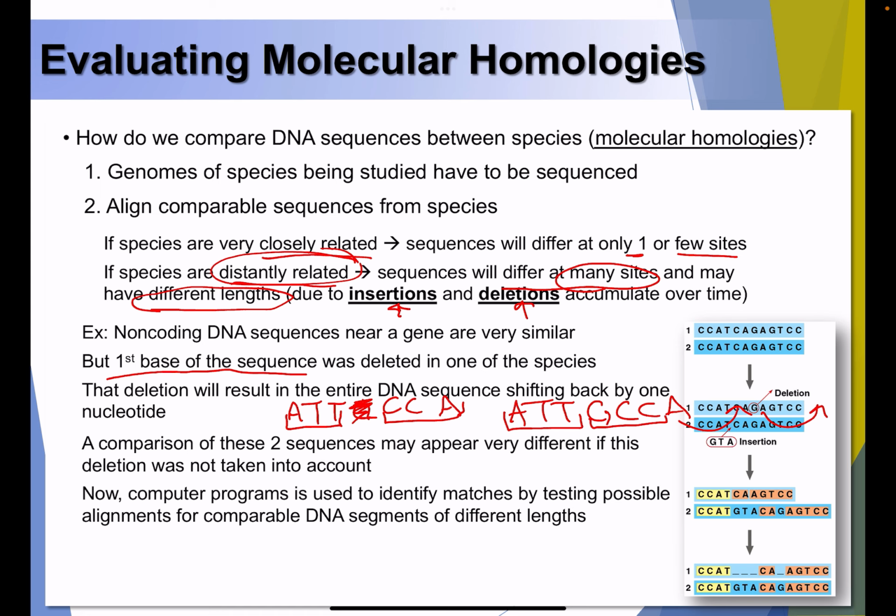Nowadays it's pretty advanced, where we have computer programs that can analyze sequences between two species, and they can look for possible insertions and deletions that can match up closely related individuals or species.